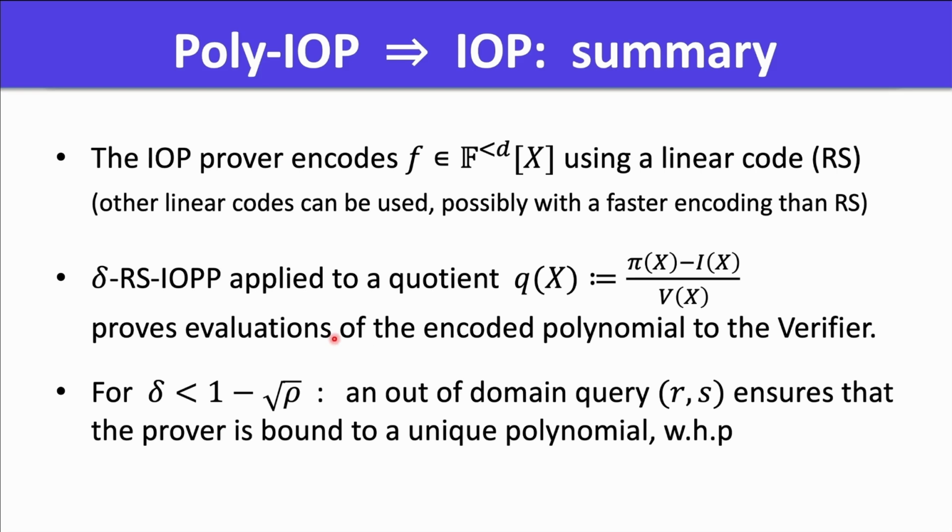This proves to the verifier that the encoded polynomials in fact evaluate to the claimed values. And finally, we said that when delta is less than a Johnson bound, this single out-of-domain query r, s ensures that the prover is bound to one unique polynomial with very high probability. So this is pretty elegant and allows us again to compile a Poly-IOP into an IOP.